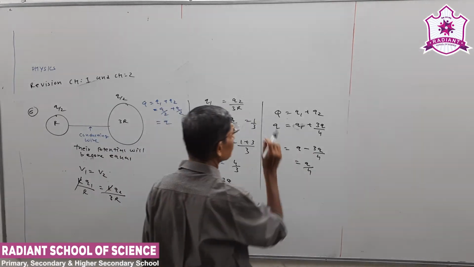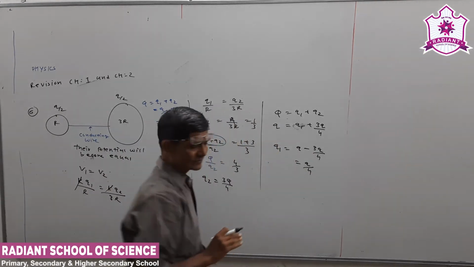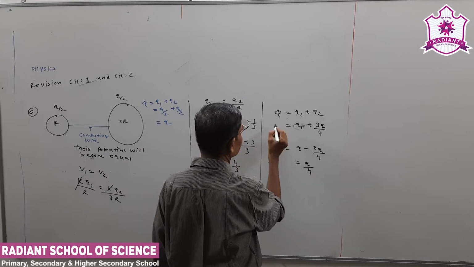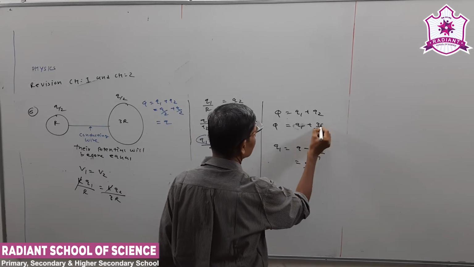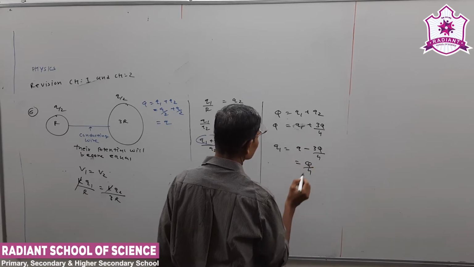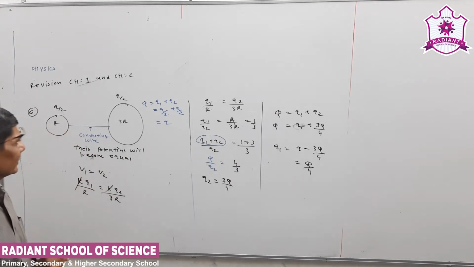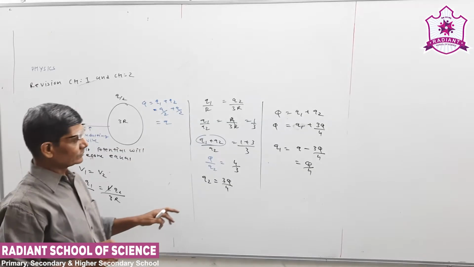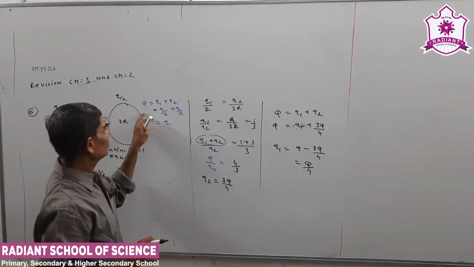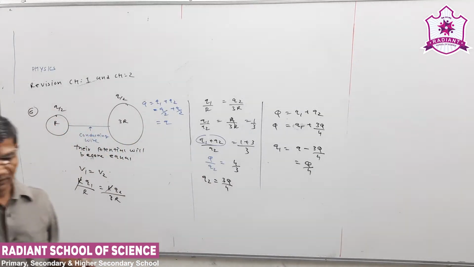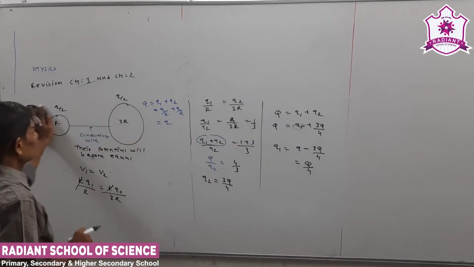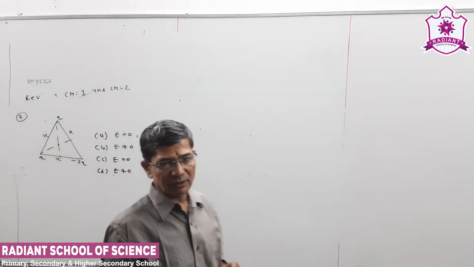The total charge is Q, so the charge will be distributed. If we add these again, the total charge will be Q is equal to Q, that we can easily check. So this is how distribution of charge takes place between spheres 1 and 2.